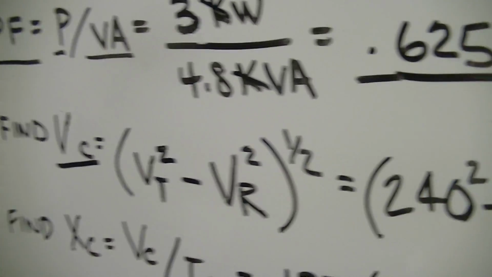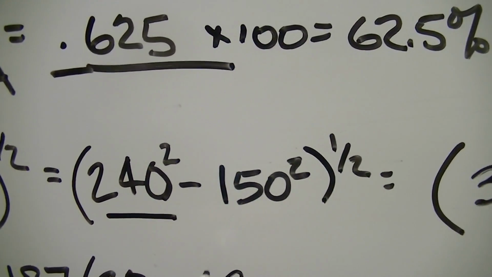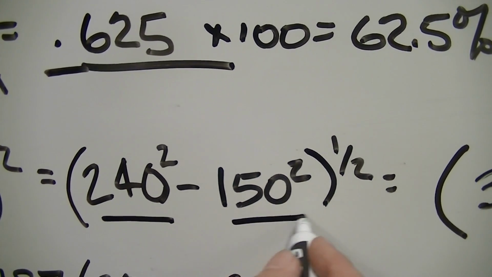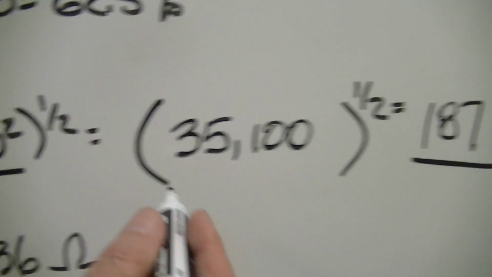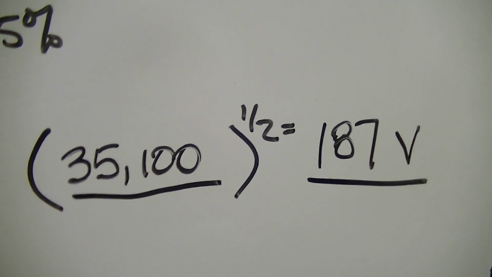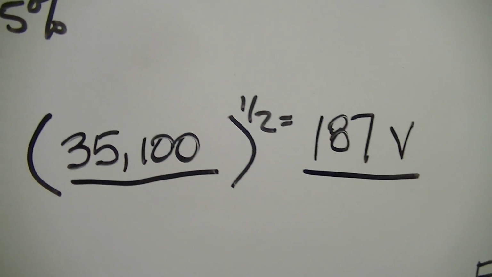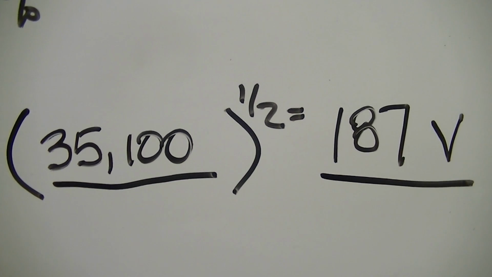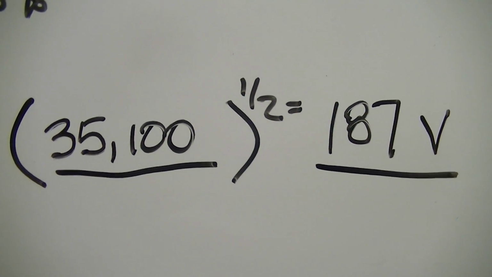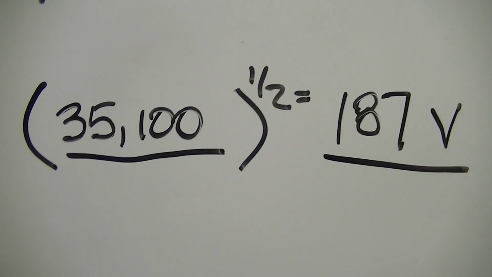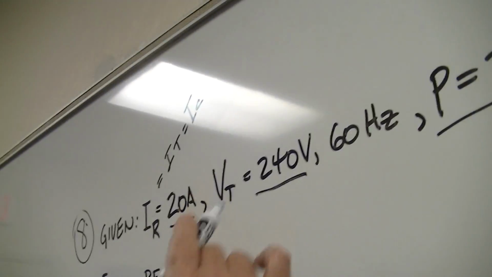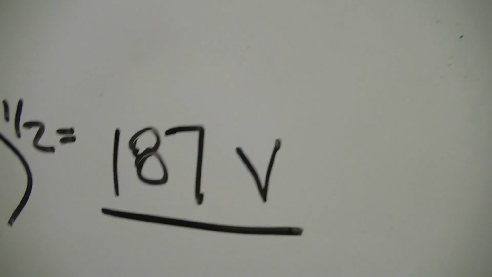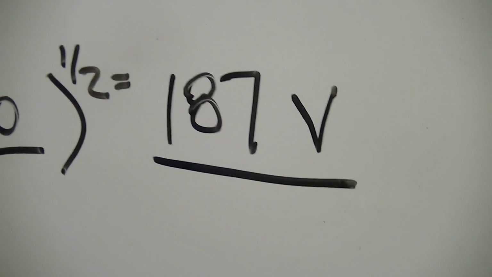So now I've got 240 squared minus 150 squared, and it came out to be 35,100. And we're going to find the square root of that, and that works out to be 187 volts. And again, it makes sense, because the total voltage is 240, and now 187 volts, I expect it to be somewhat lower.